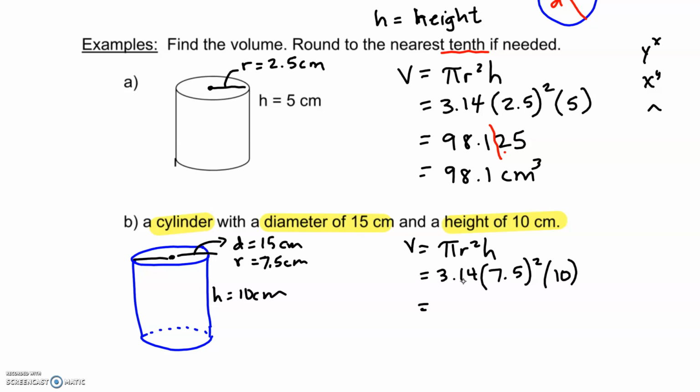So we have 1,766.25. Again, we're asked to round to the nearest tenth, so the tenth is one spot after the 2. The 5 says to go up, so my final answer is 1,766.3 centimeters cubed.